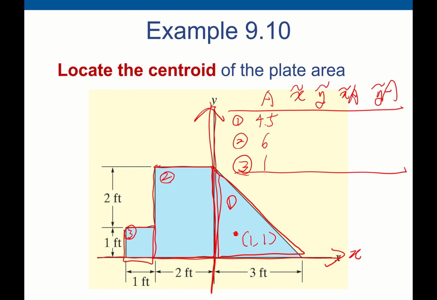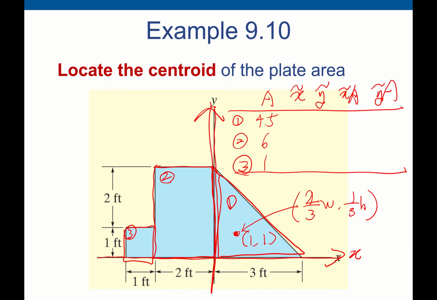I believe you already know this concept. Okay, I will not explain more. You can find the centroid of the triangle directly by applying 1 over 3, or 1 over 2 with 1 over 3 height.